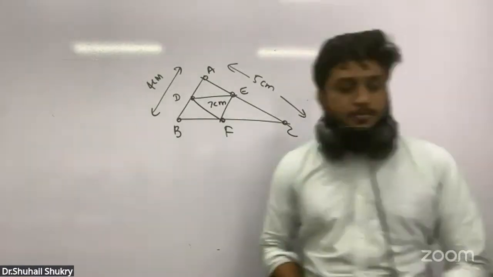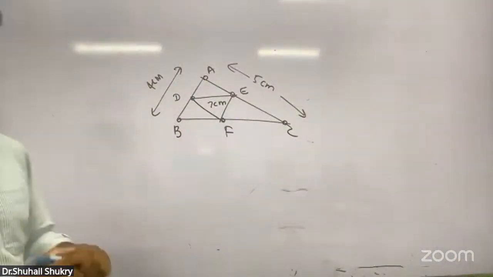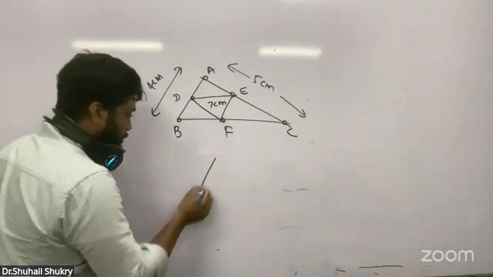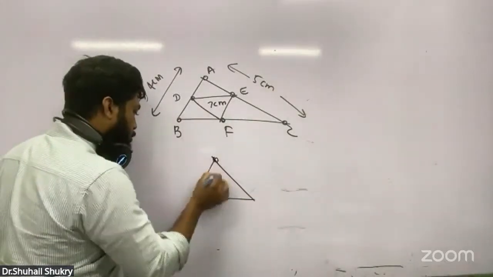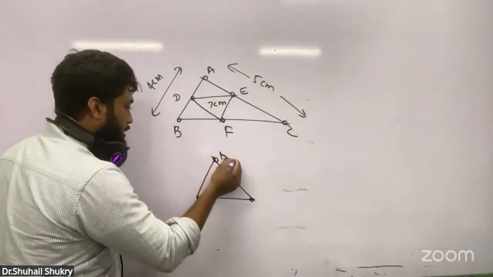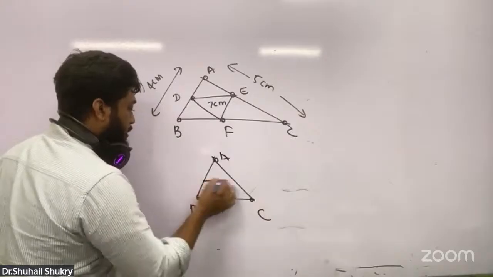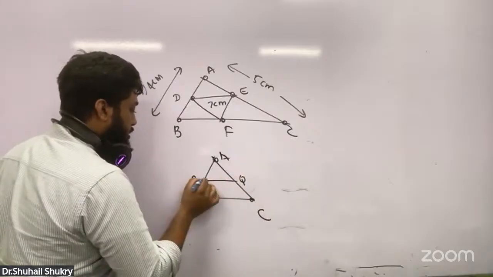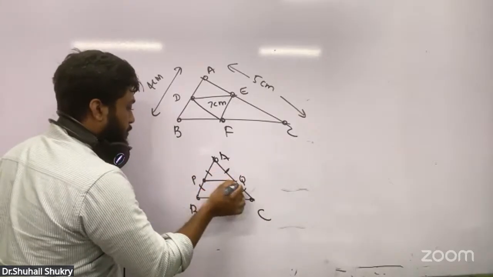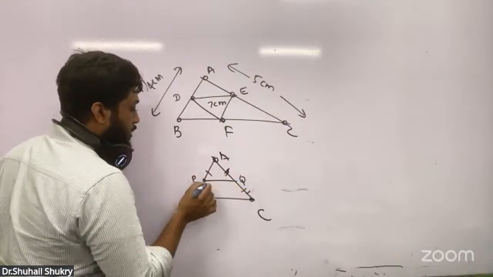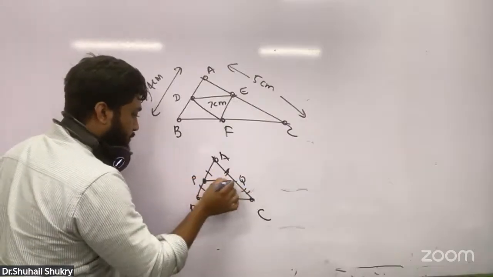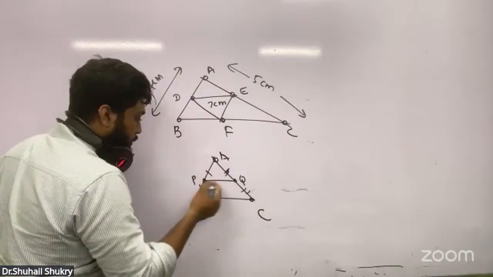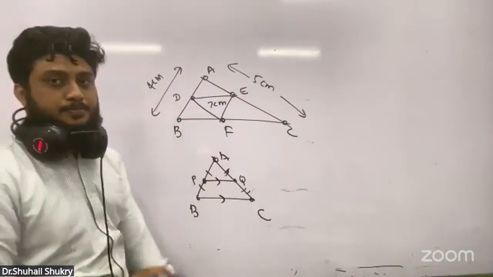Now, in midpoint theorem, there are only two rules. We'll say if this is the ABC triangle, and this is the PQ line, and these are midpoints. If these are midpoints, according to the theorem, there are only two things. One is this PQ is parallel to BC.